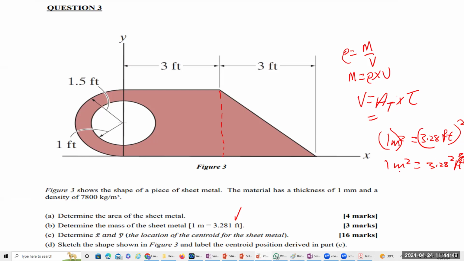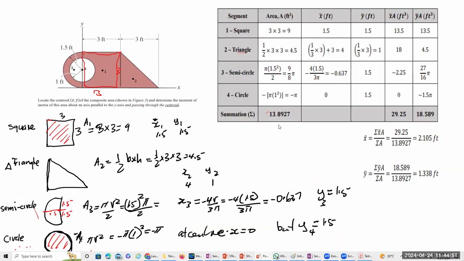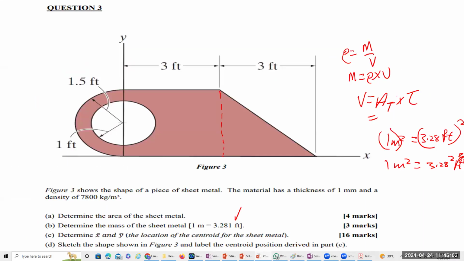And then when you finish with that, the thickness is 1 meter. What was the area that we have here? The value we have here is 13.89, right? So 13.89 feet squared, and you convert it to see how many meters that is, and you cross multiply and do the same thing.